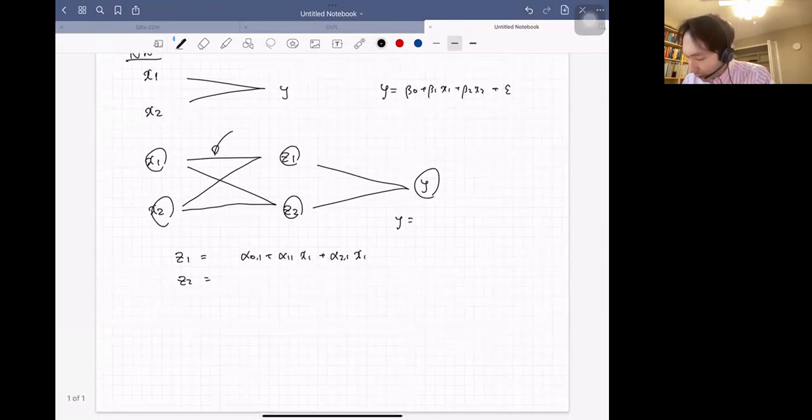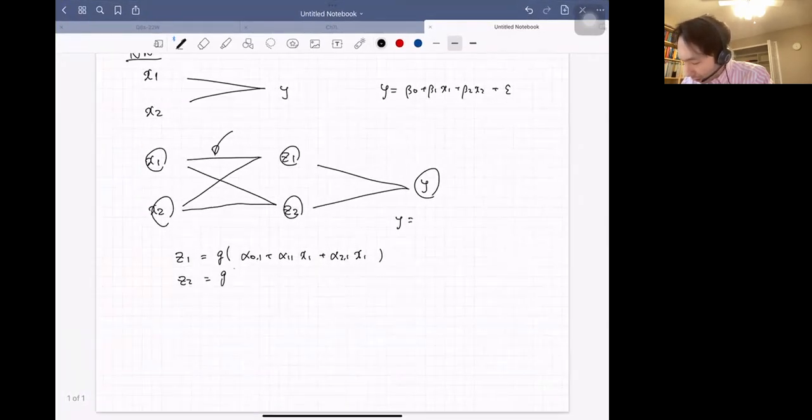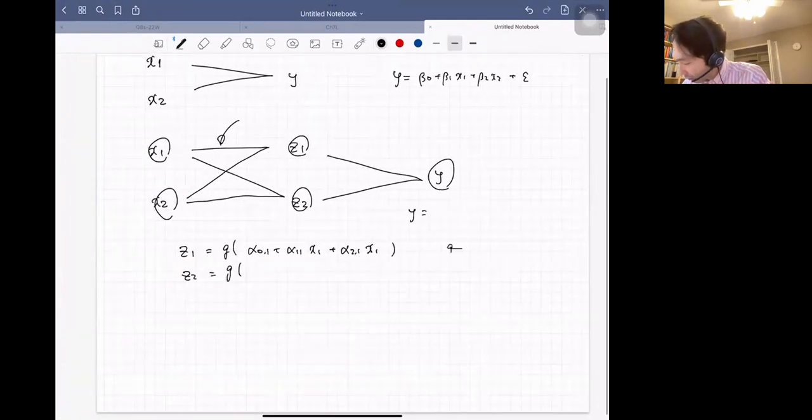So we think about some function G, and we transform this linear combination. And Z2 also we consider the same transform, basically a kind of logistic function. So G is the logistic function.